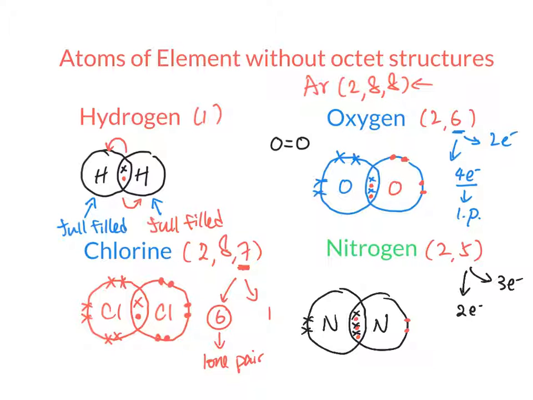By covering it up, you can see each nitrogen has 8 electrons. When we draw a simple version, we call this a triple bond, while the oxygen one is a double bond.